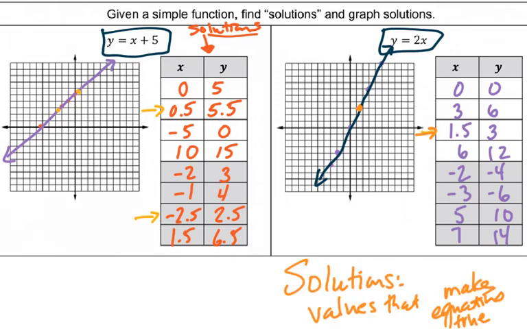We are given an equation. We find combinations of x's and y's, unique combinations that make that true if we substitute in. And then we graph those points, and we draw the line to represent all the solutions that are here. So hopefully that helps you draw connections and provides you some feedback as well.